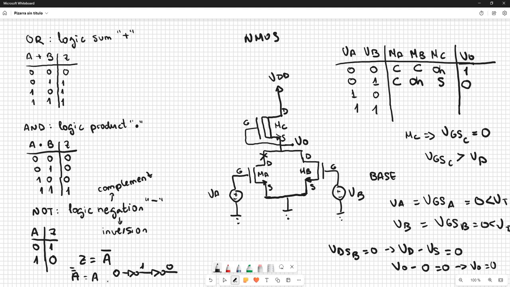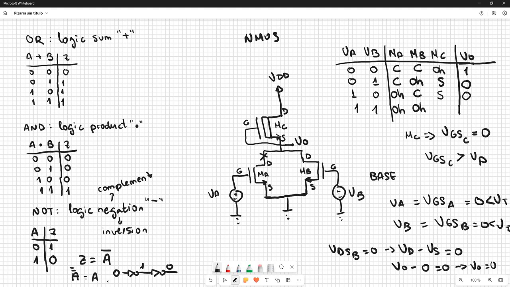We are going to see the other case. In the third combination, B is in cutoff. We know that A is in ohmic because we can follow the reasoning we have just seen for the previous combination. And if this is in ohmic, the load is going to be in saturation, and we are going to have a zero because the voltage between drain and source of transistor A is zero. The output is going to be zero. And for the last case, transistor A and transistor B are conducting and they are in ohmic.